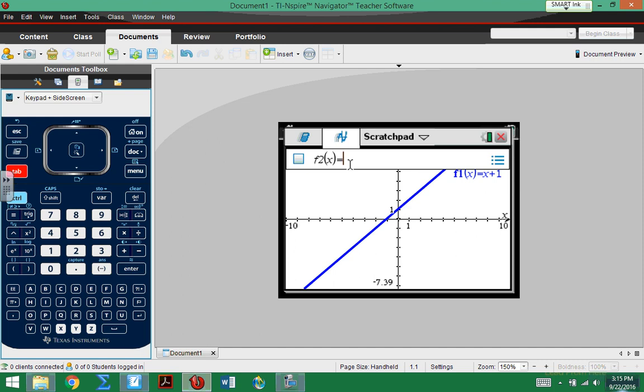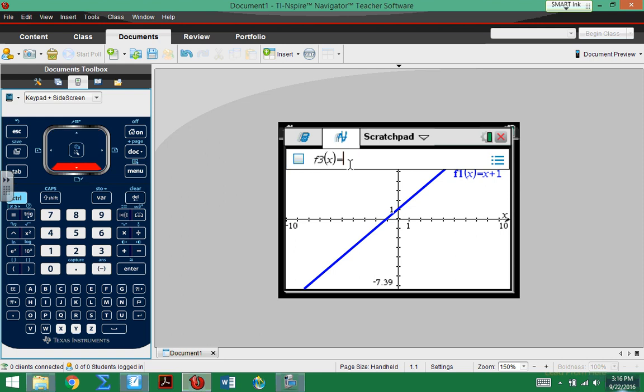And you'll notice now it's giving me the option for f2 of x, meaning that's my second function. If I wanted to go back to the first function, you can hit your scroll arrow up. There we go. Up one to see that one.